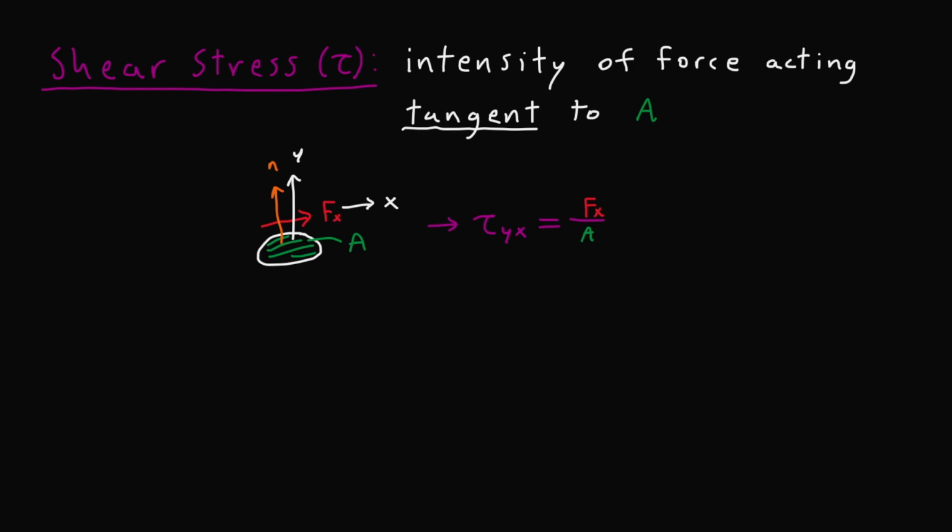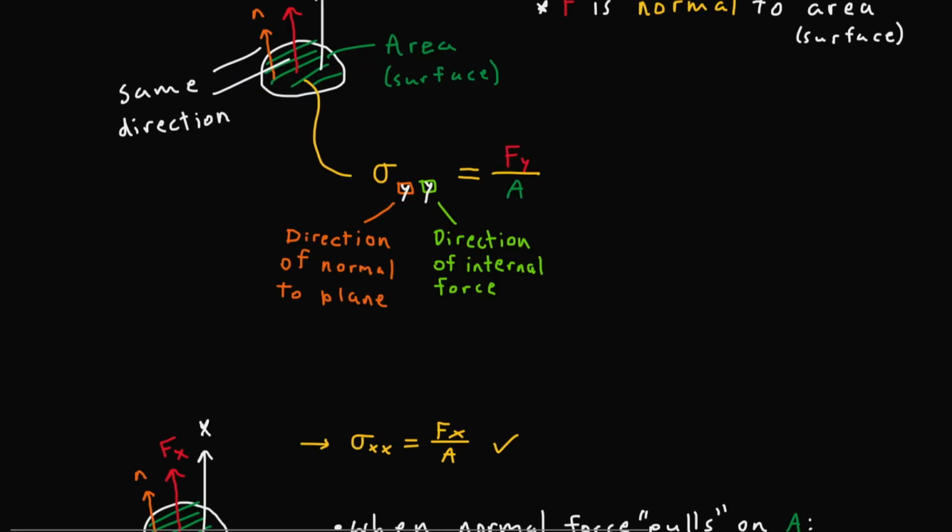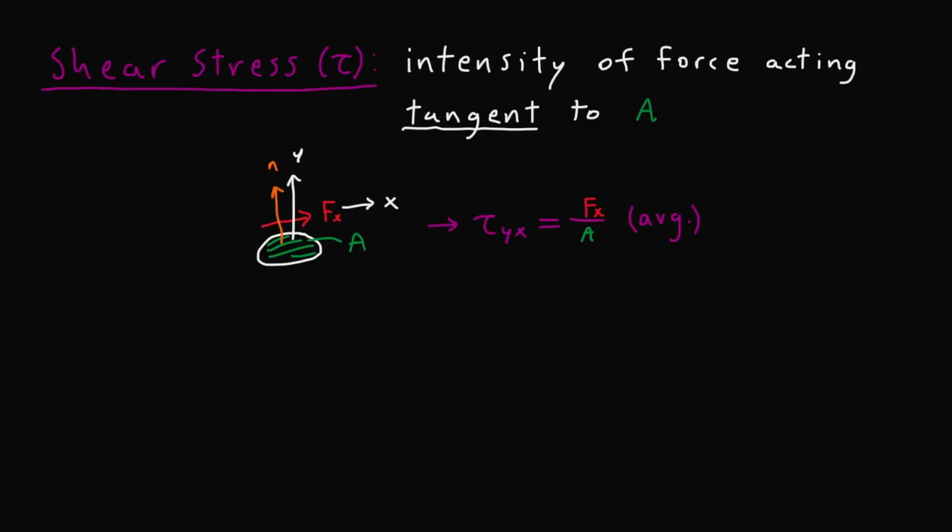And now keep in mind that this is fundamentally the average shear stress, just like how previously sigma yy equals Fy over A is the average normal stress. Whereas if we wanted a more accurate definition for individual shear stress, it will be tau yx equals the limit as a change in area delta A approaches 0 of delta Fx over delta A, which of course is for every infinitesimal change in area.